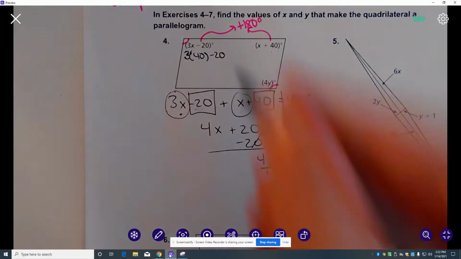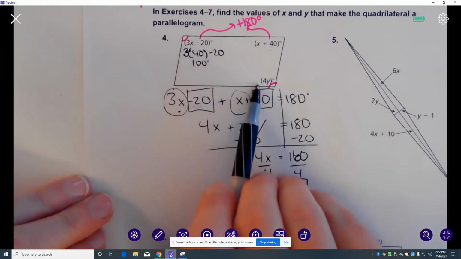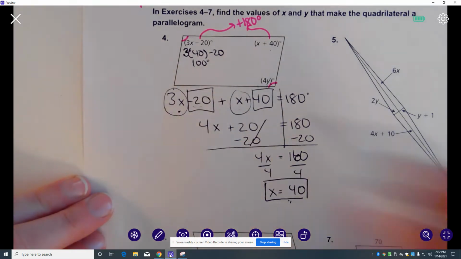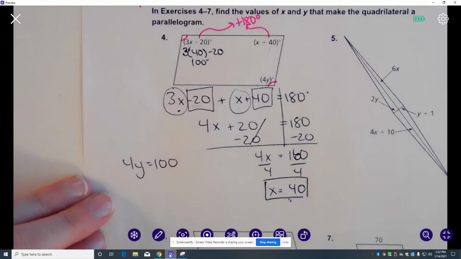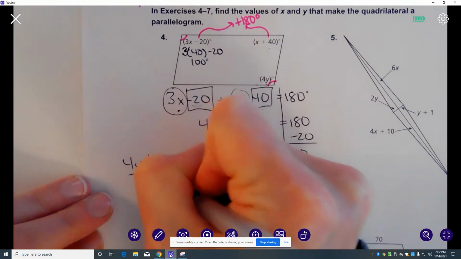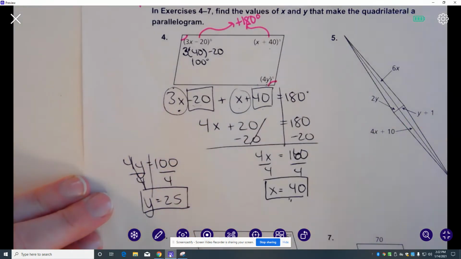And when I do that, I get 100 degrees. Well, remember we said opposite angles are congruent, and so 4y degrees must be equal to 100. I can solve this equation by dividing both sides by 4, and I can see that my y value must be 25.